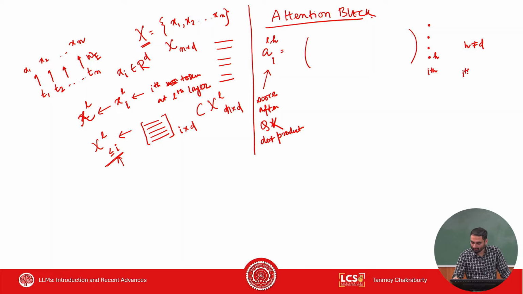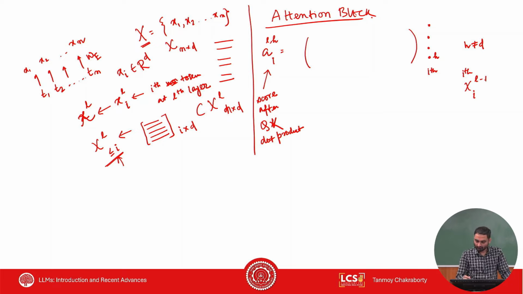So at the ith token, the representation is xi, but this is lth layer. So all these operations are happening at the lth layer. What is the input to this layer? x_i^(l-1) is the input. From here I will generate all the queries, keys, whatever.